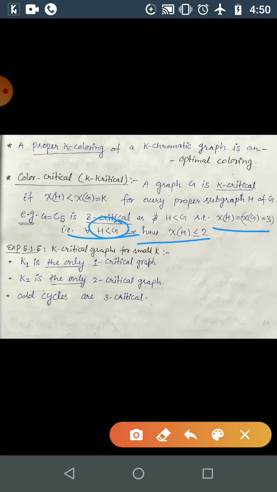Either it's equal to 2 or it's 1. Of course, if you have all the vertices without edges, then it will be 1. Otherwise, if there is some edge, then it's 2.